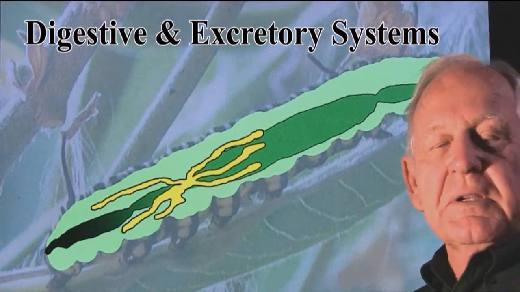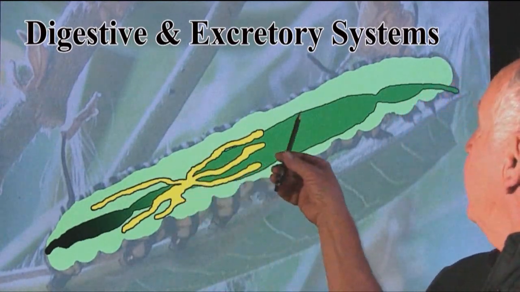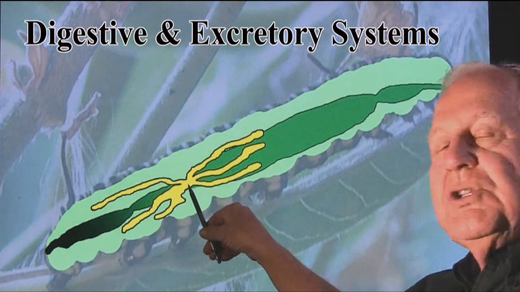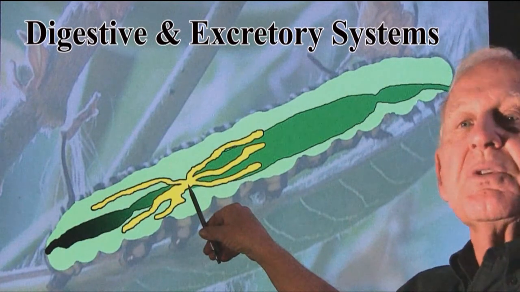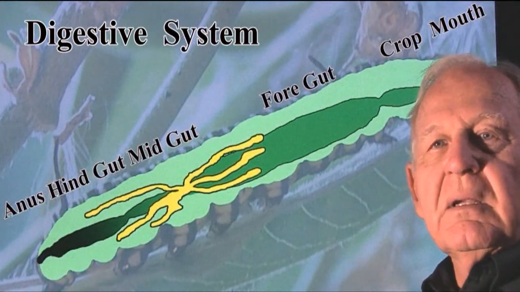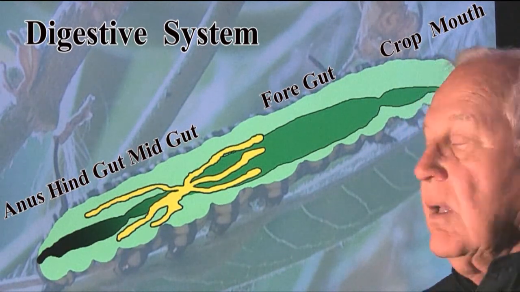The first system that we'll talk about will be the digestive system, represented by green, and the Malpighian tubules of the excretory system, which are represented by yellow. It's a complete digestive tube, just like the human digestive system.